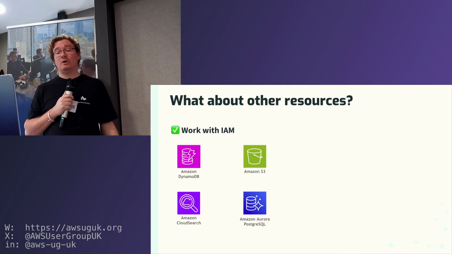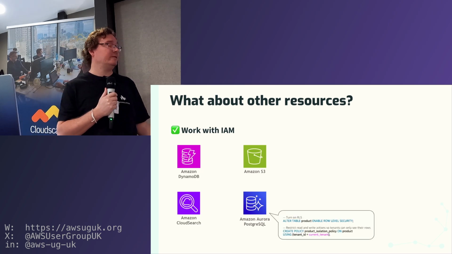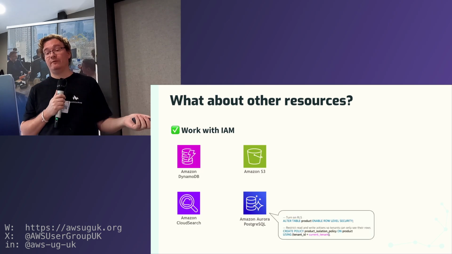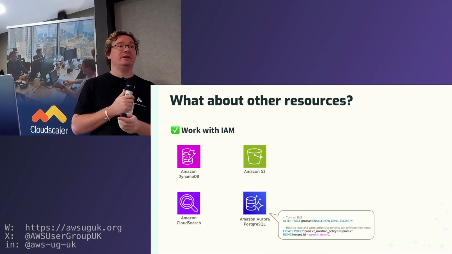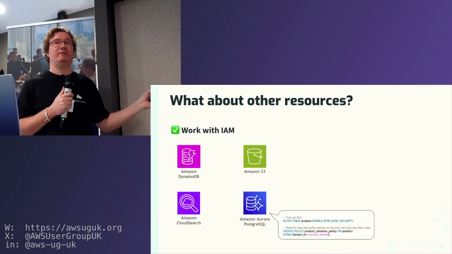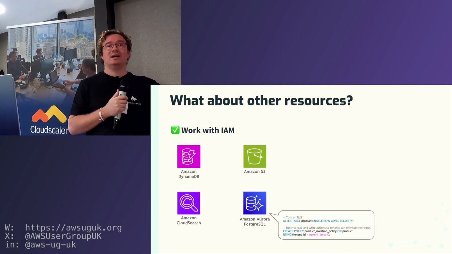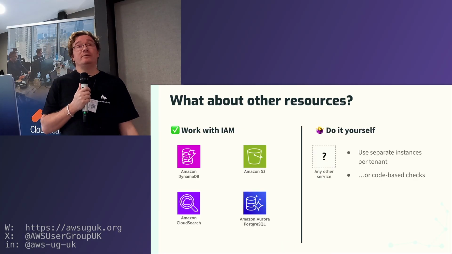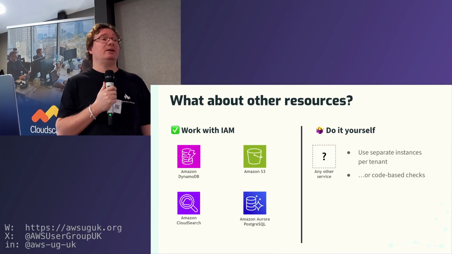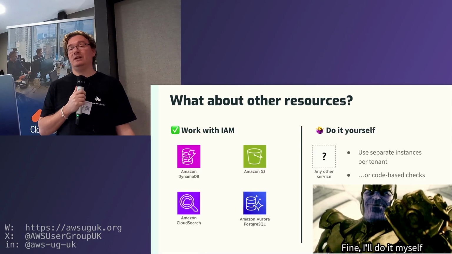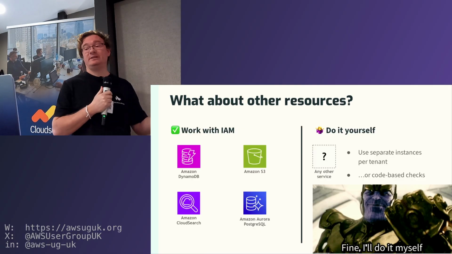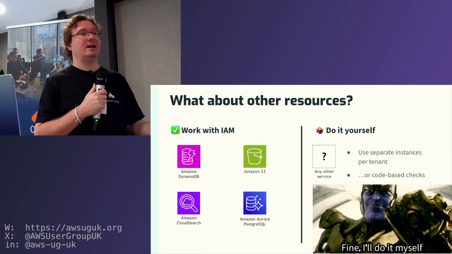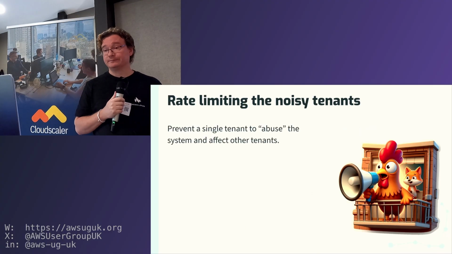And if you're on Aurora Postgres, you can do something similar by working with row-level security, and that works pretty fine with the data API if that's the way you access your serverless database. Other resources, then you're kind of on your own. You either do separate instances per tenant or you do code-based checks where it's possible.